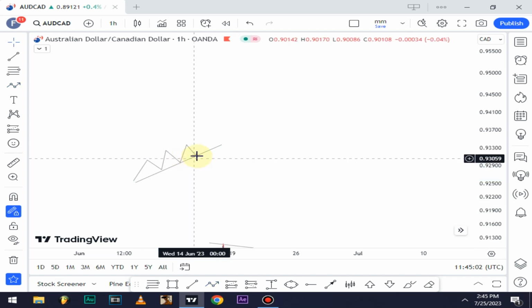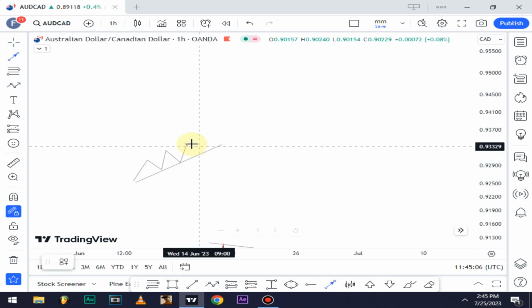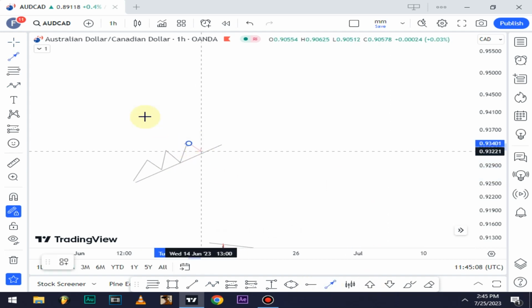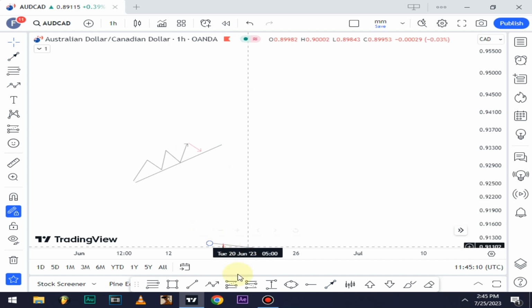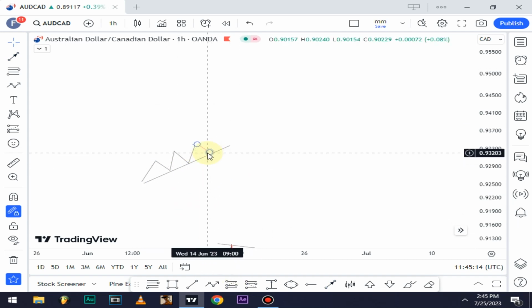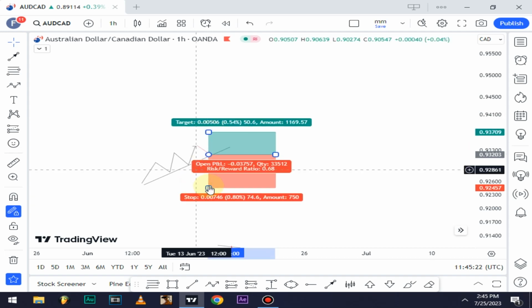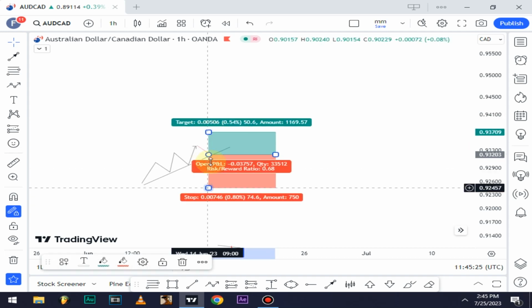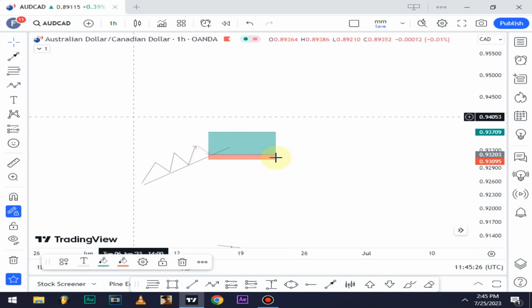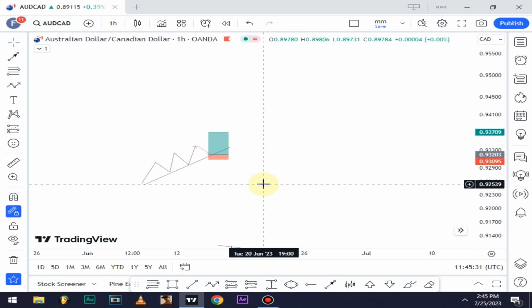Now of course most people do this: when the market approaches a support, they take a buy immediately. Then maybe target all the way up, then stop loss below the previous support like that.